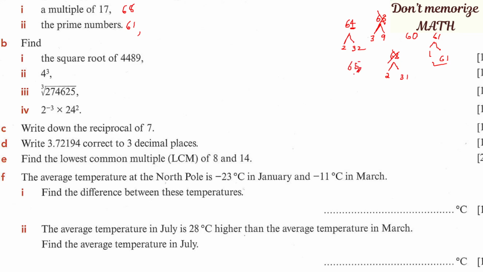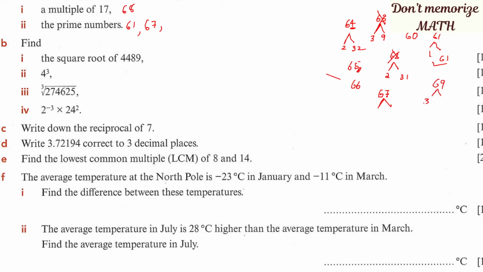Ending with 5 or 0, it is a multiple of 5, so it is not a prime number. 66 is an even number, so not a prime number. What about 67? Can we split 67? No, you cannot split. So 67 is prime. Then 68 is an even number. 69.